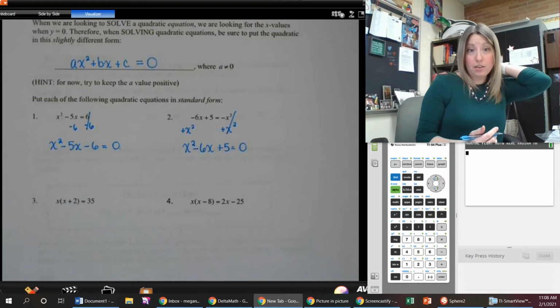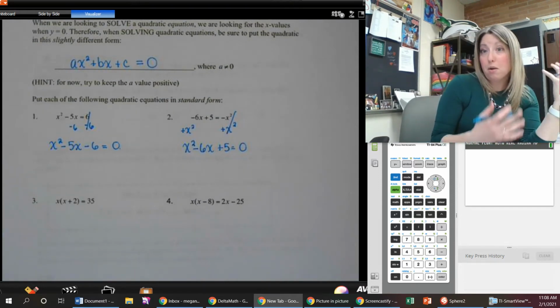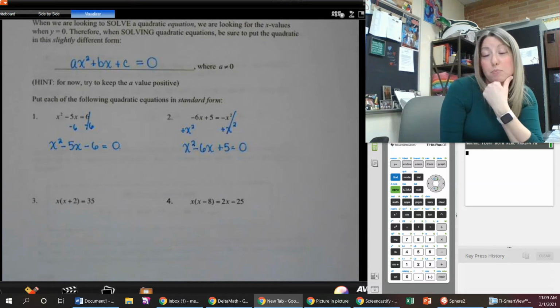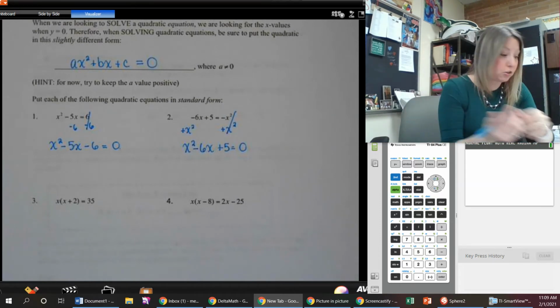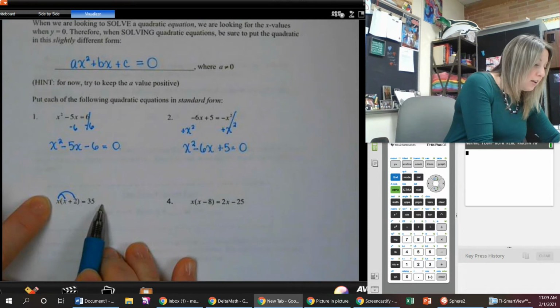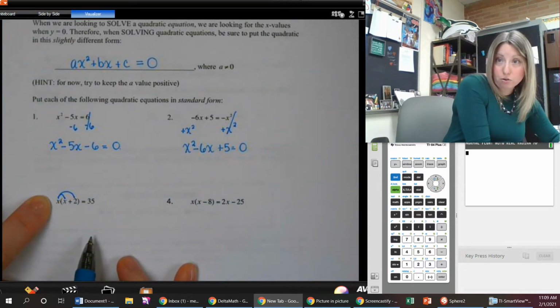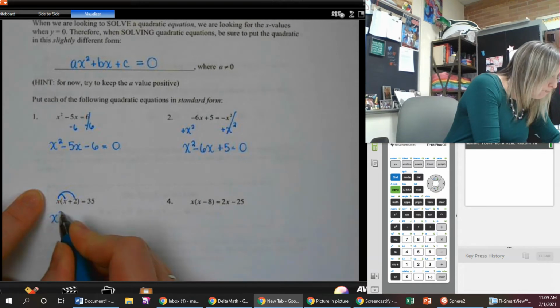Now, of course, in 3 and 4, we don't currently see an x squared, but we also have an x on the outside of parentheses with a binomial inside the parentheses. So that means we need to distribute first, so we end up getting our x squared. Then we can do the rest of standard form. So x times x is, of course, x squared.